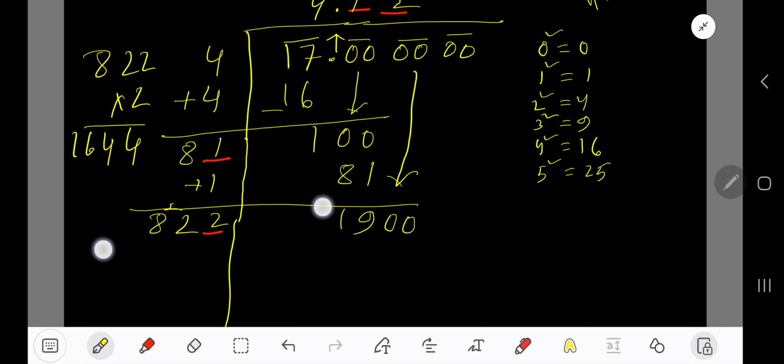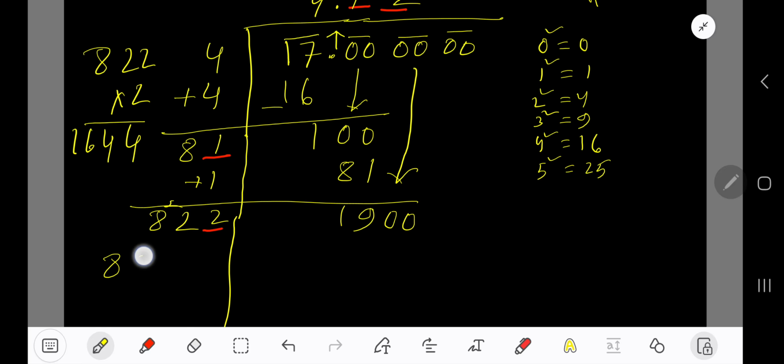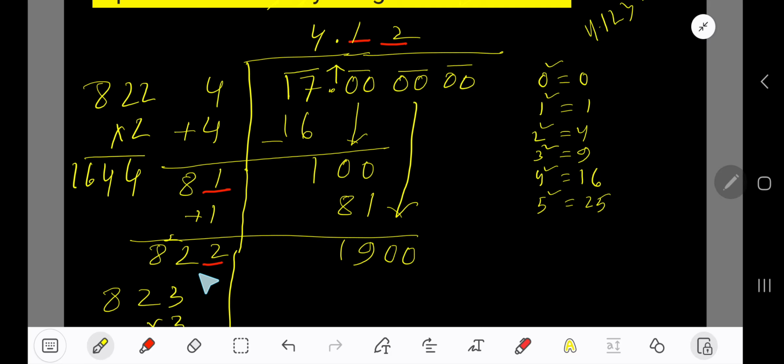But if you take 3 here, then what will happen? 3 times 3, 9. 3 times 2, 6. 3 times 8, 24. 2469, which is greater than this. So our guessing number 2 is correct. So 2 times this 822 gives us 1644.